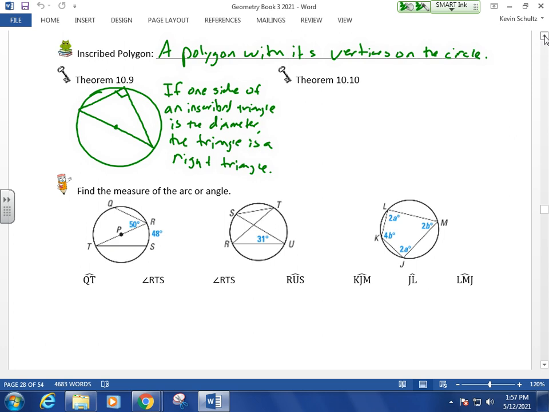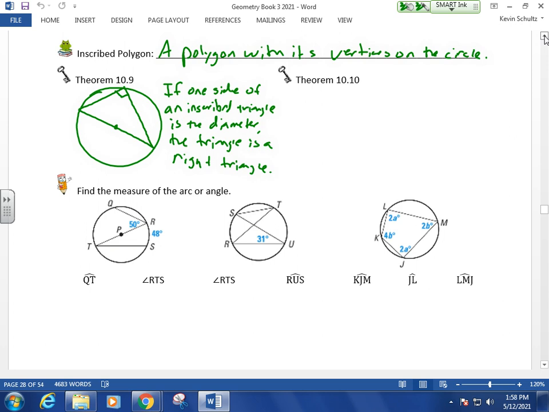If one side of an inscribed triangle is the diameter, the triangle has to be a right triangle. Which you could flip the other way and say that if you've got a triangle in a circle that you know is a right triangle, you know that the hypotenuse would be the diameter.